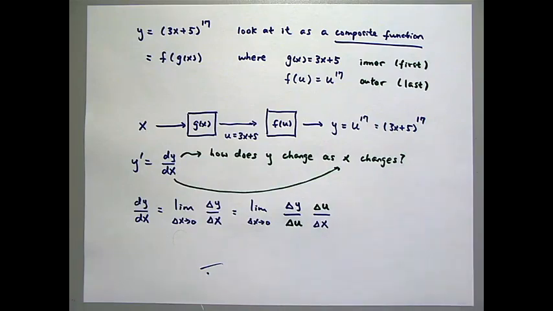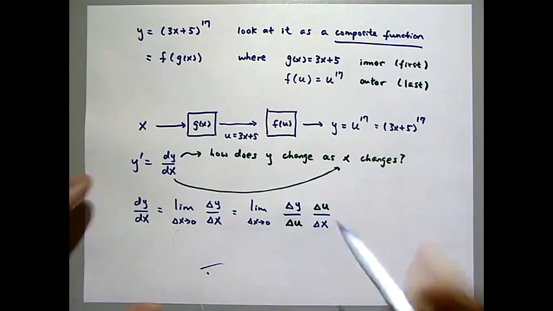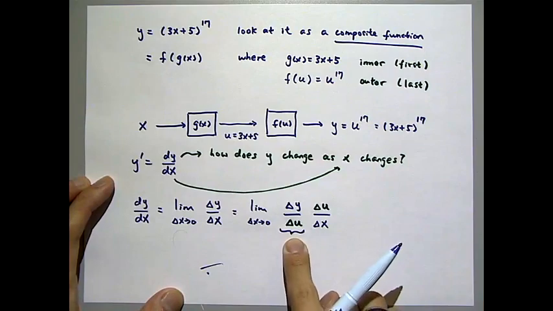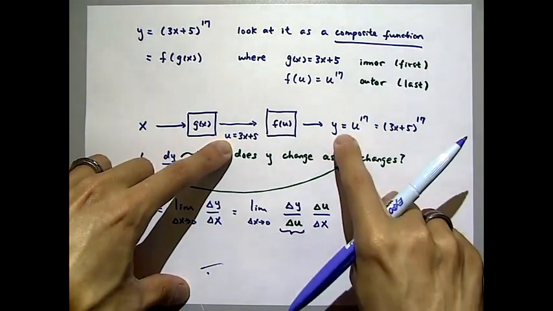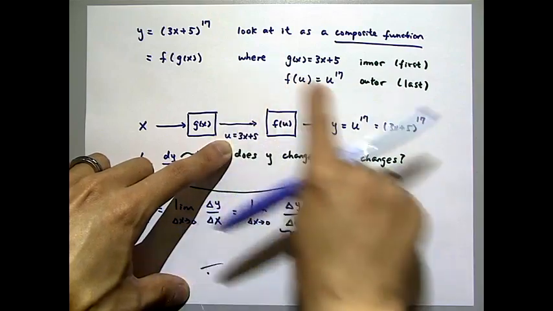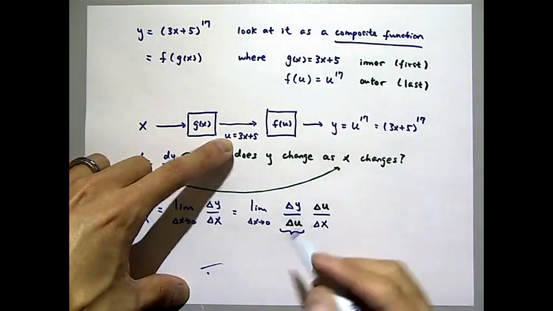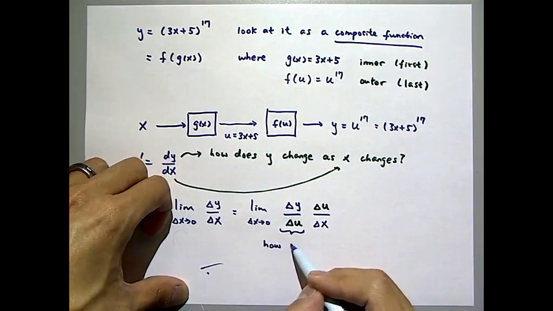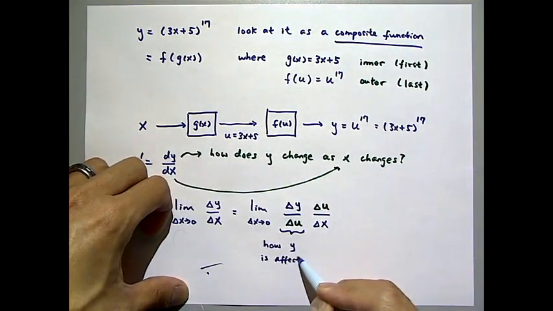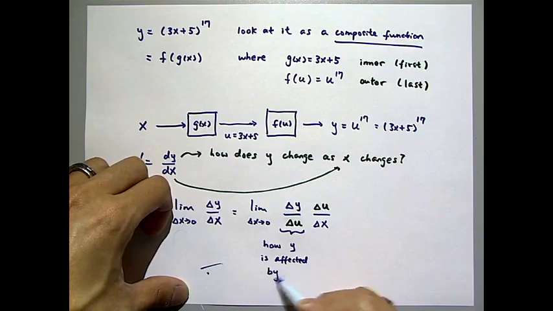The important thing about an expression like this is, now we can look at these two parts. Delta y over delta u tells us how y changes as u changes. Just the second part of this string here. This is how y is affected by u.